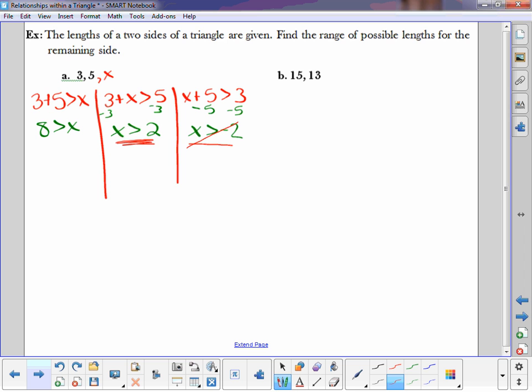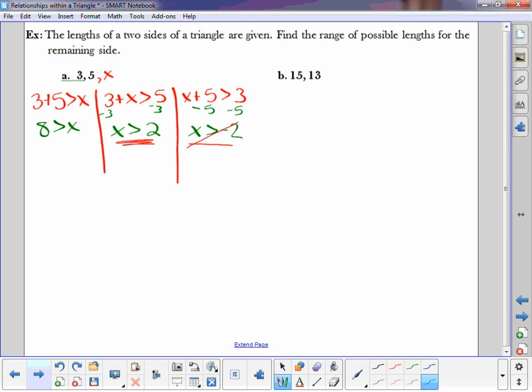So let me just recap that again. X being greater than 2, if I think about this on a number line, here's 0, here's 2. Since X is bigger than 2, it already meets the requirement that it must be bigger than negative 2. So this actually does not impact my answer. Alright, so let's take a look at what we have left to work with.